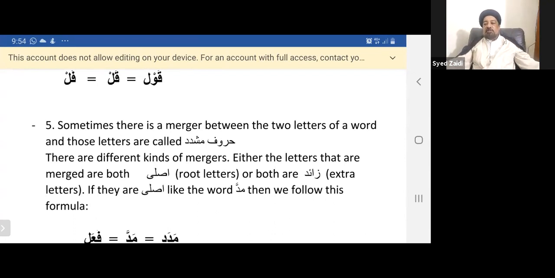But today we need to just learn very simply that when two letters of a word merge or come into collaboration with each other and become a single letter, those letters are called huruf mushaddad, right?